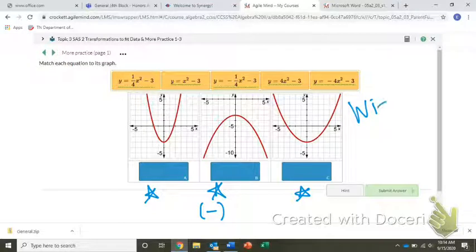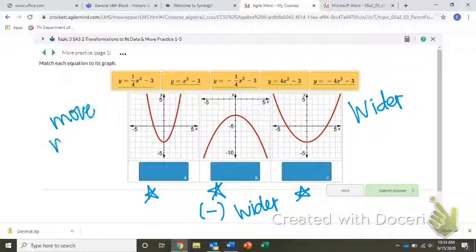This graph is wider. This graph is wider. And this graph is more narrow. This graph seems to move down. This graph seems to move down. And this graph seems to move down.